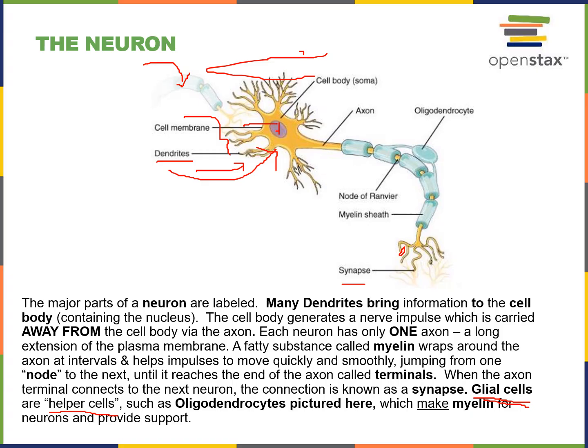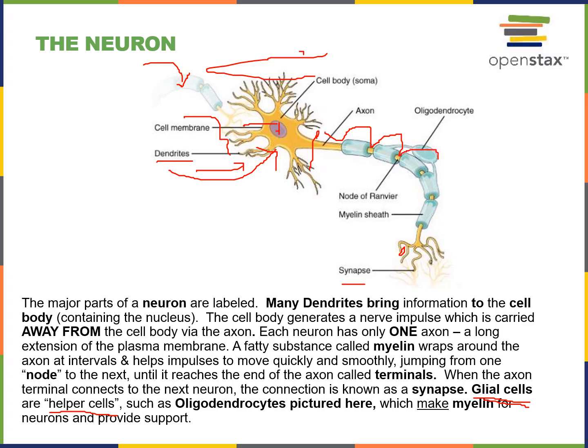So the next series of slides talks in specific detail how an action potential is generated. But what I wanted to say while I am on the slide is the action potential will start here, a place called the axon hillock, and it will travel along the axon. But when it gets to where there's myelin, it actually has to jump. So it jumps from node to node.